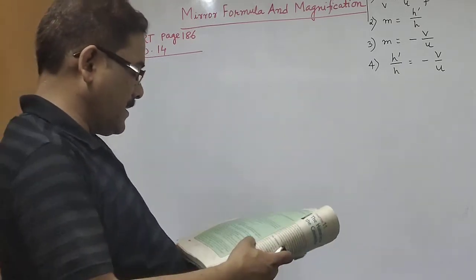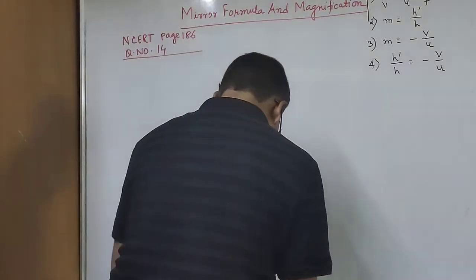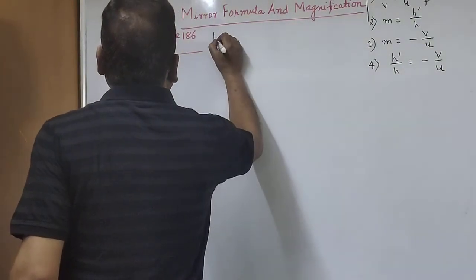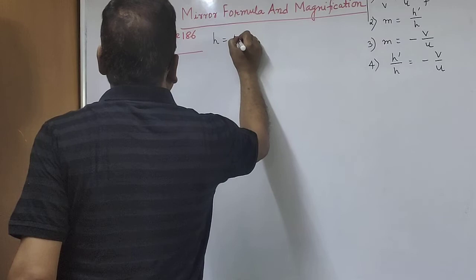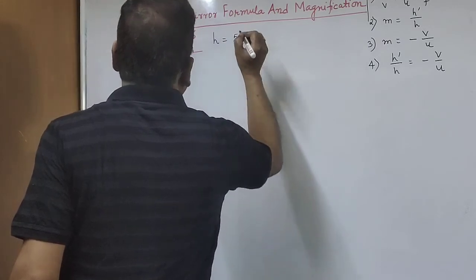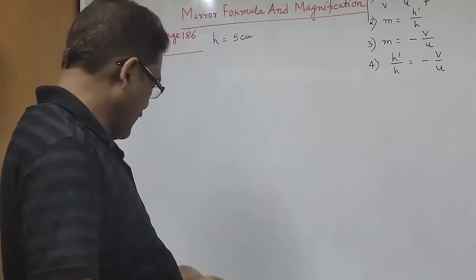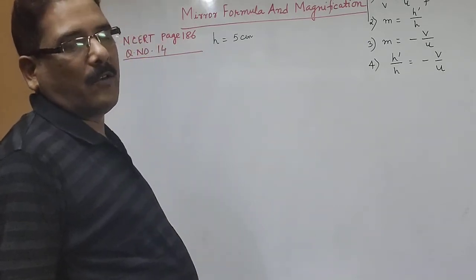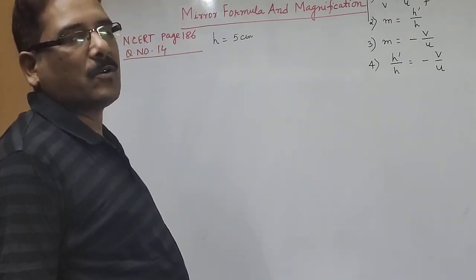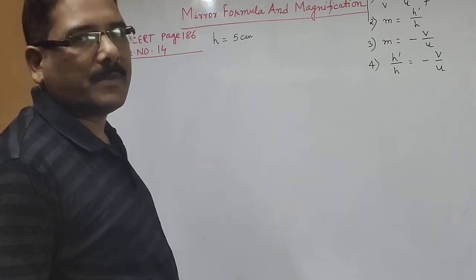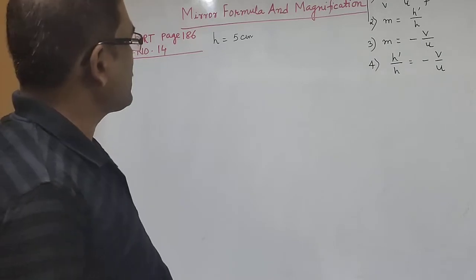First sentence: an object 5 centimeter in length. It means the height of the object is given as 5 centimeter. Now h is always positive, whether it is a concave mirror or a convex mirror, because we always place the object above the principal axis.